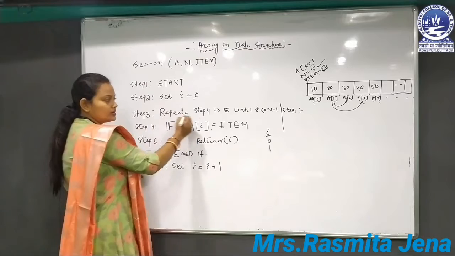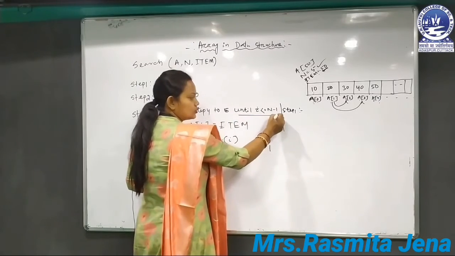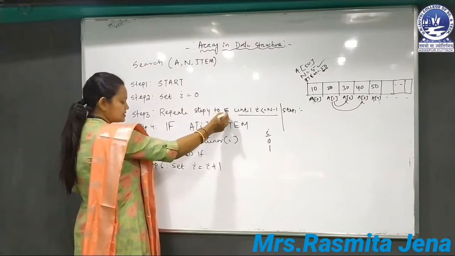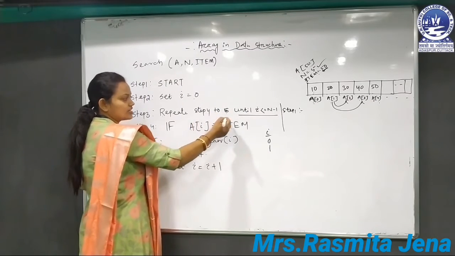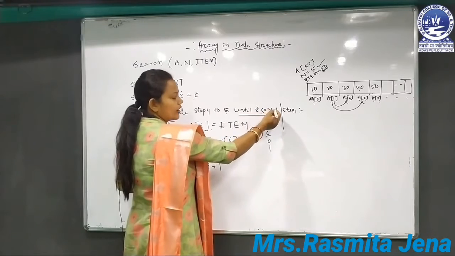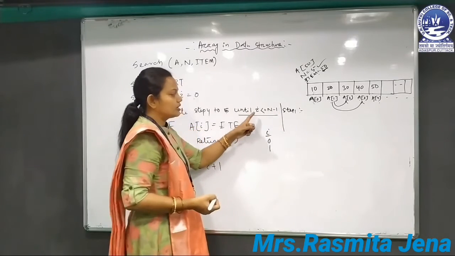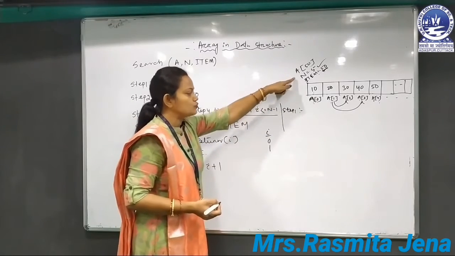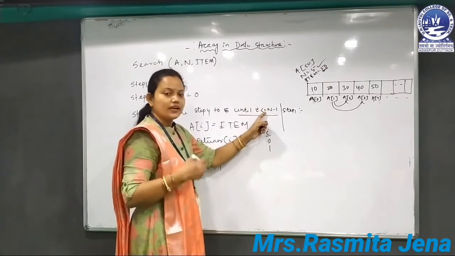Because until this condition is true, we will execute steps 4 to 6. So we check I less than or equal to n minus 1. I became 1, and 1 is less than or equal to n minus 1. As n equals 5, this condition is true.